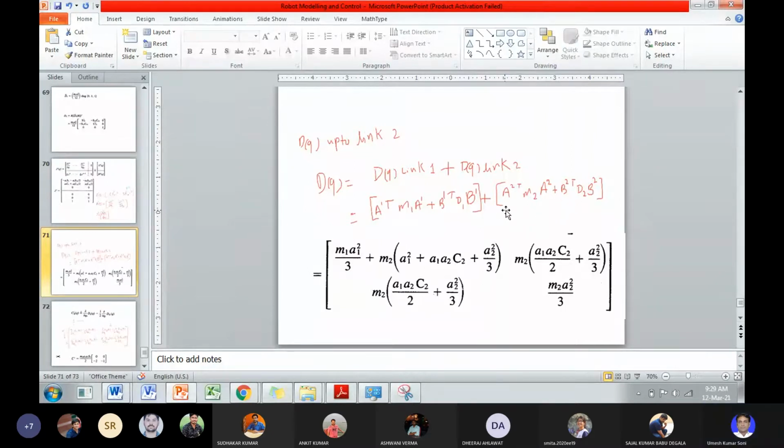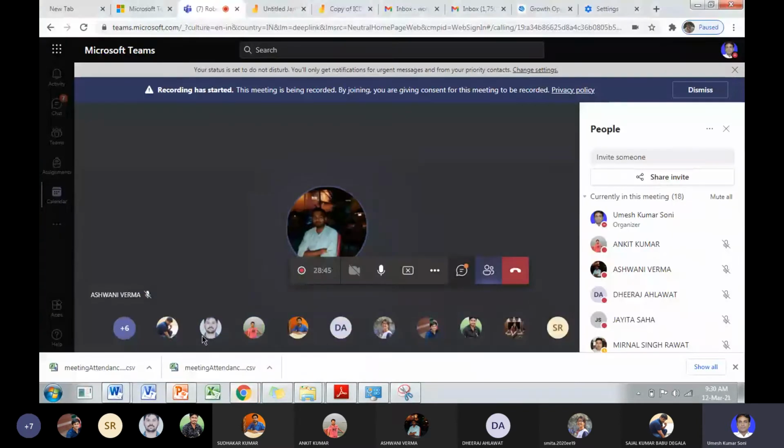Okay, so a2 transpose m2 a2, b2 transpose d2 and b2. This is not the square. Here this is m1 a1 square. This is not m1 a1 2. ऐसा नहीं है, this is m1 a1 square. So don't confuse. तो अब आ जाएगा, can you determine this? So do that.